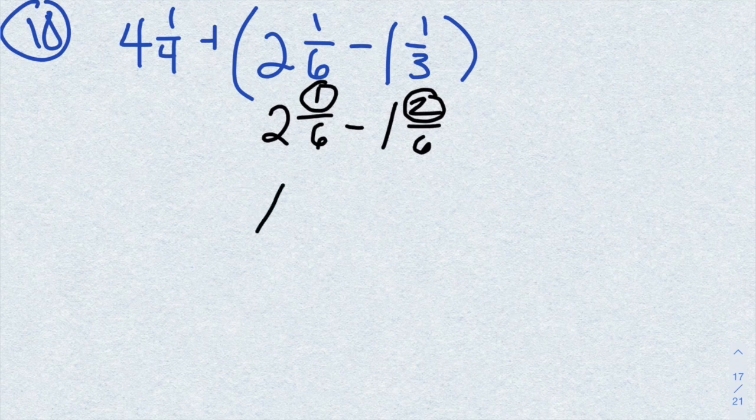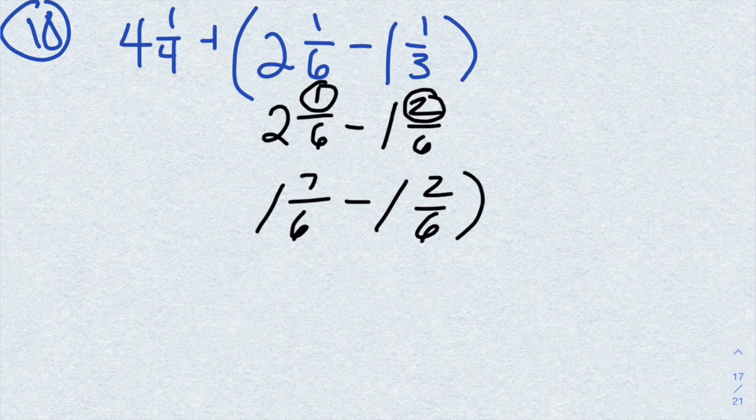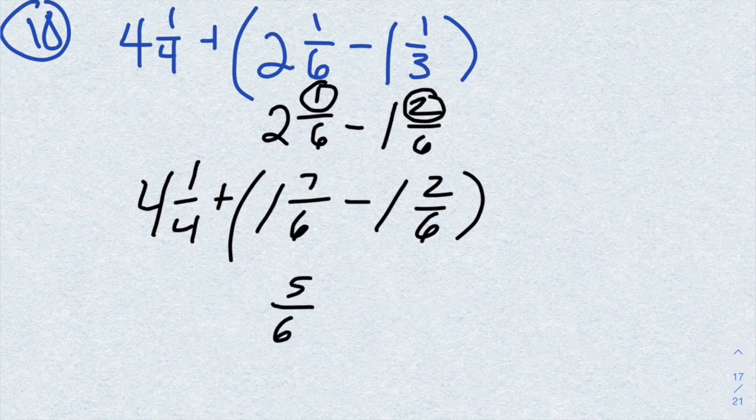So now I have 1, and I'm going to change the other whole into 6/6. And then add that 6/6 to my 1/6, so 1 7/6 minus 1 2/6. 4 1/4, bring that down. Now I should be able to subtract, and I end up with 5/6 plus 4 1/4.